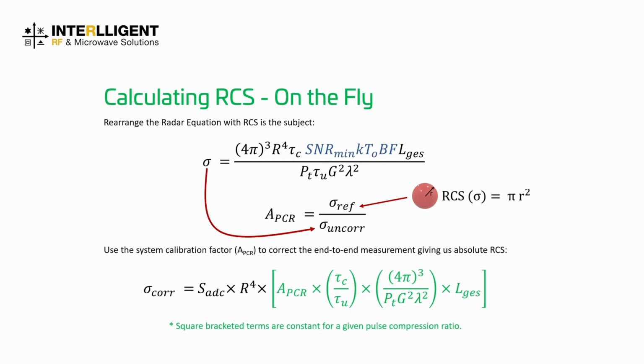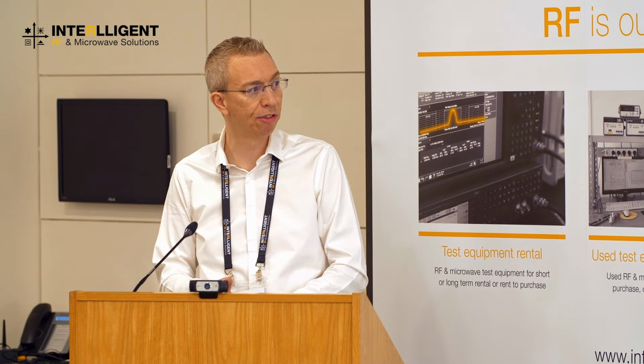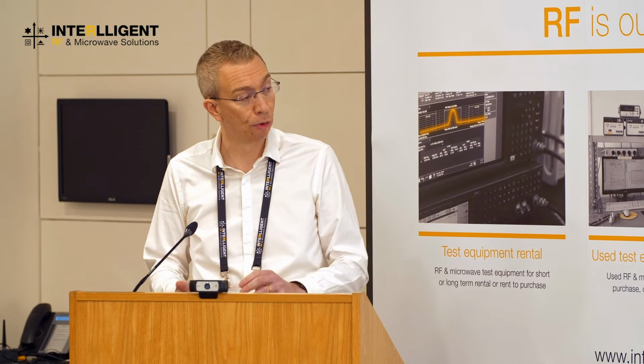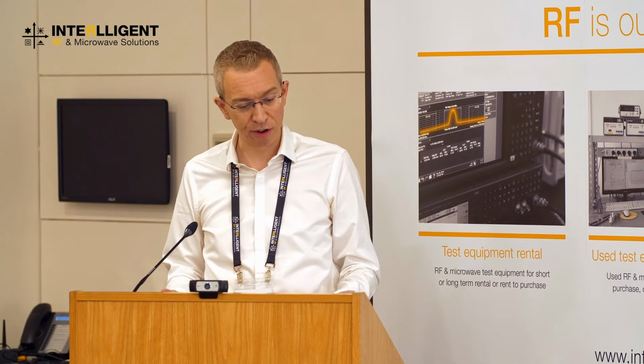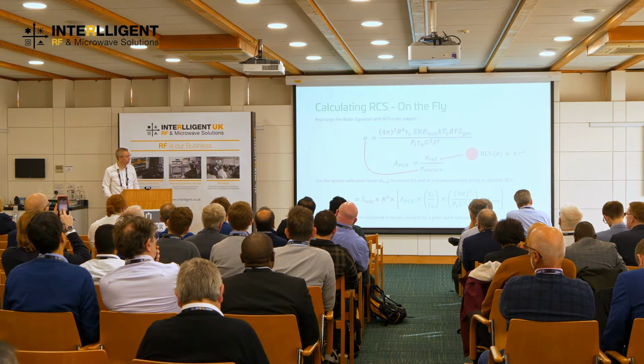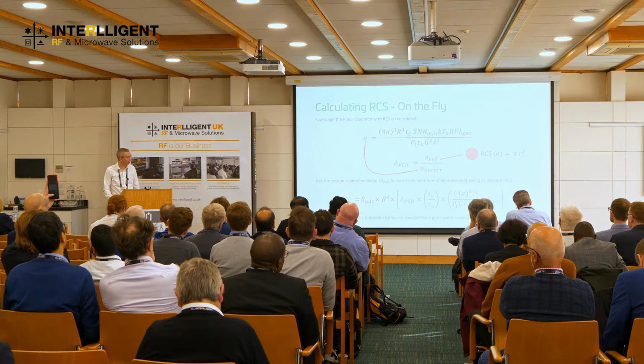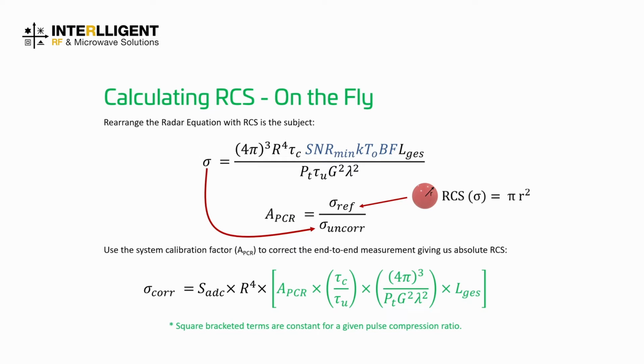Now, the important thing to note in there, the APCR factor is our calibrated pulse compression ratio. That's effectively a measure of our sphere at a distance over the calibrated value of our sphere over the measurement of that sphere using the system. Gives us a nice simple ratio we can use. If we factor that into our equation at the bottom there, we get something that's essentially fixed for a given pulse compression ratio.